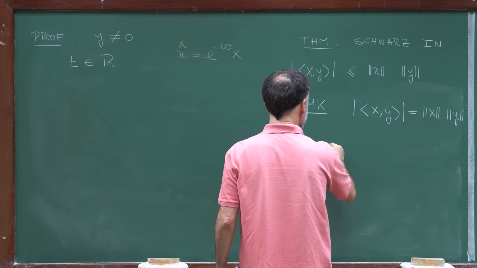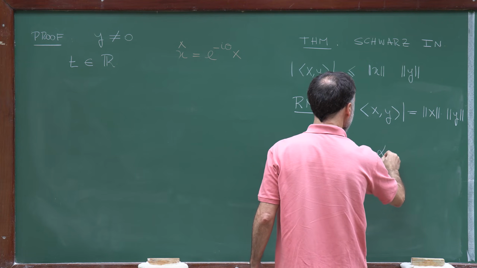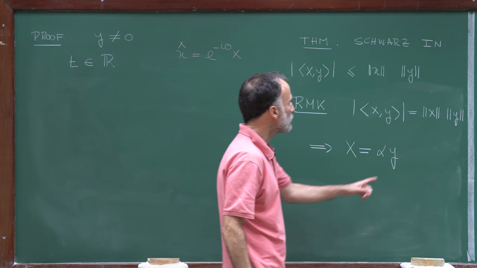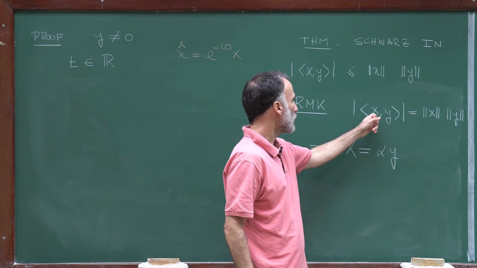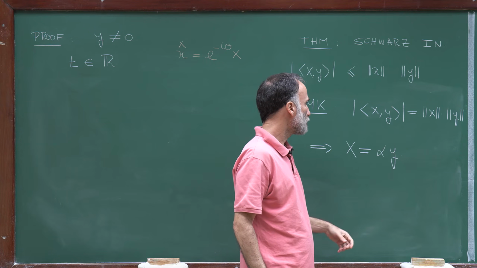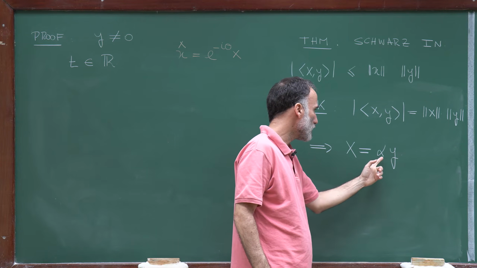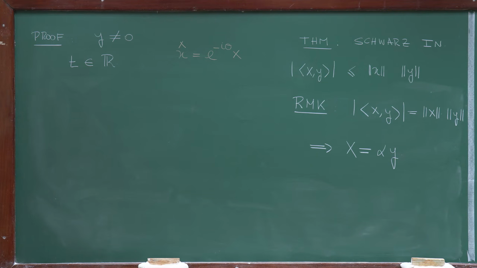Then I claim that x is equal to alpha y for some alpha. So if we have an identity here, this means that x belongs to the linear span of y, so that x is equal to some scalar times y. Let me prove that.